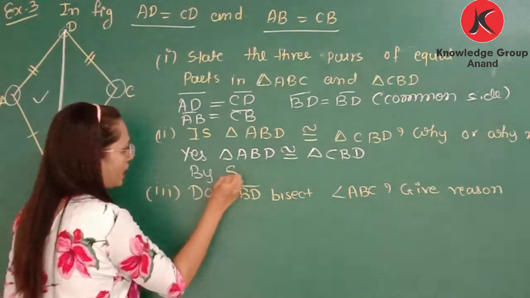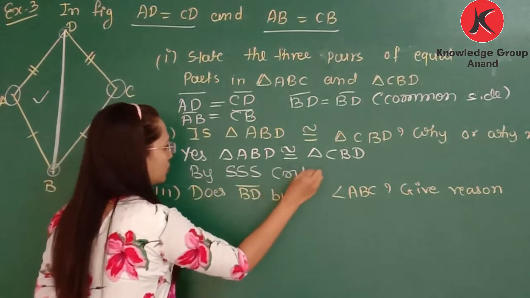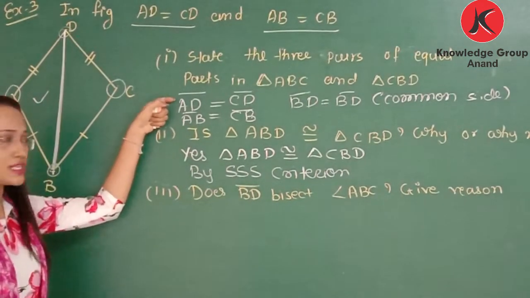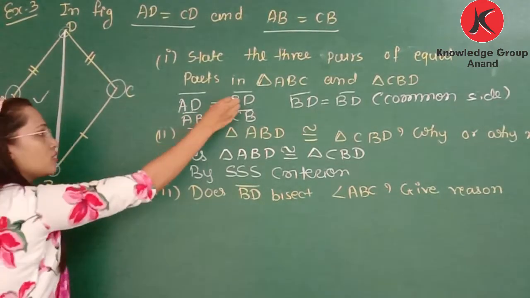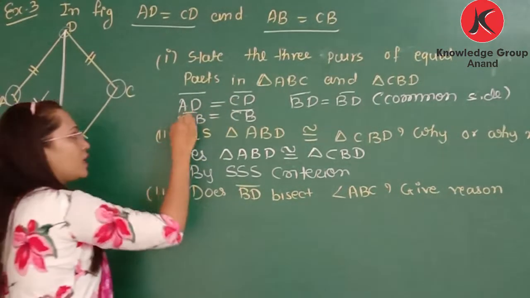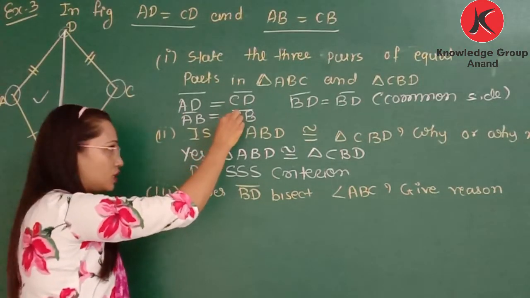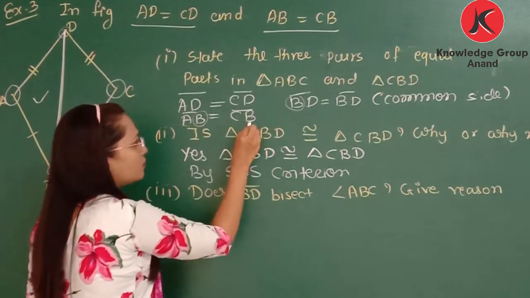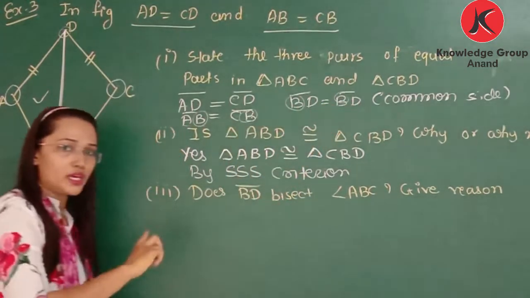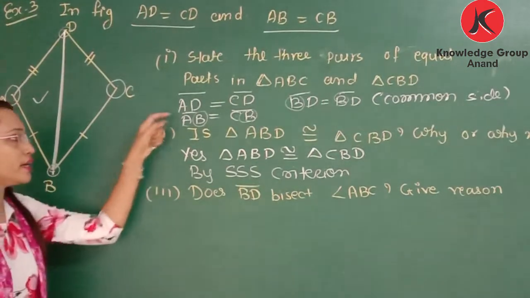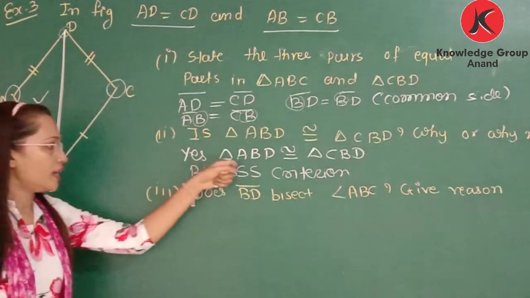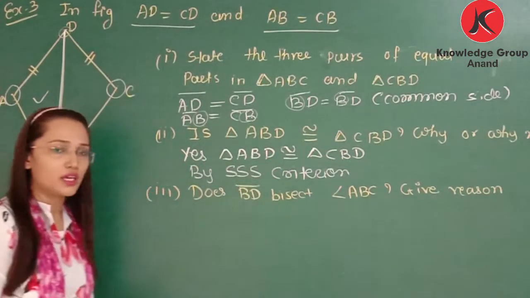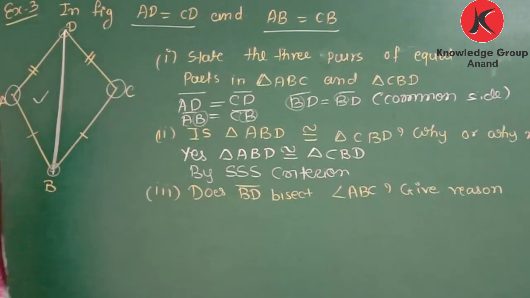By SSS criteria. If we apply SSS criteria, then you can see A corresponds to C. Now here B and B is common, so B corresponds to B, and the remaining D corresponds to D. So A corresponds to C, B corresponds to B, and D corresponds to D. So by SSS criteria, it is correct.